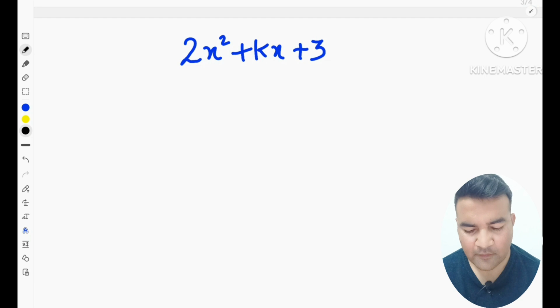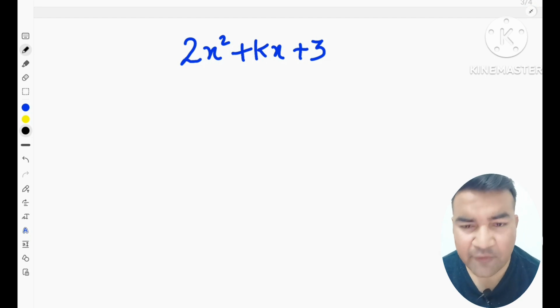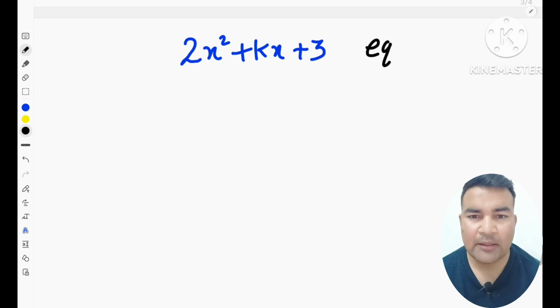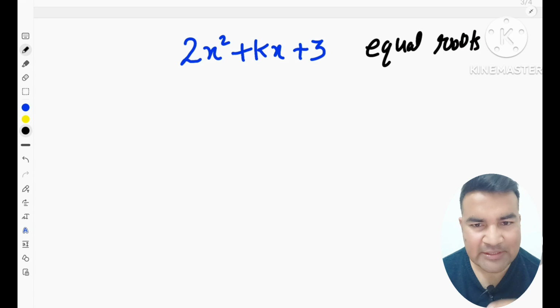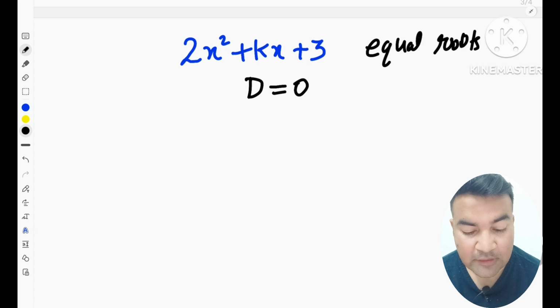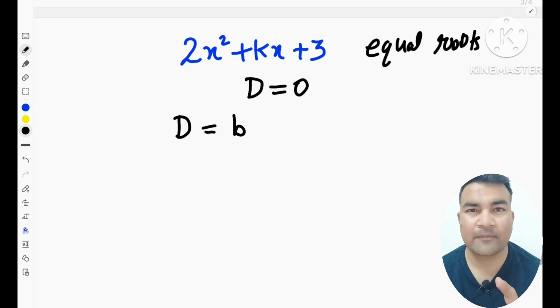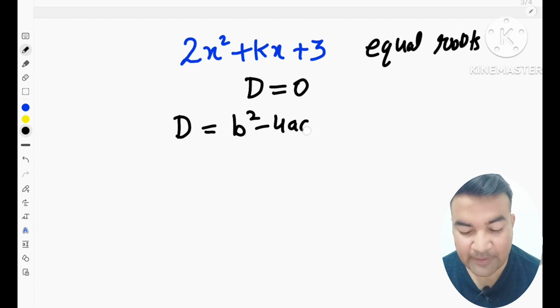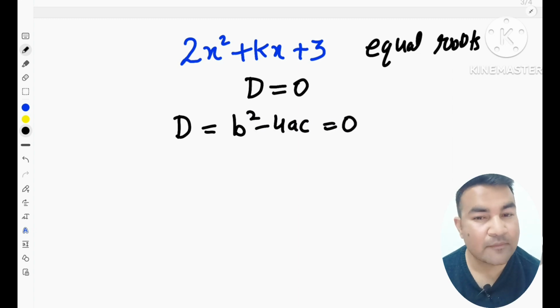This is an equation in front of you, and in the question they are saying this equation has equal roots. Now can you recall what will happen if your roots are equal? Yes, your discriminant will be equal to 0. Now what is the value of D? That is b square minus 4ac, and the whole value is also equal to 0.